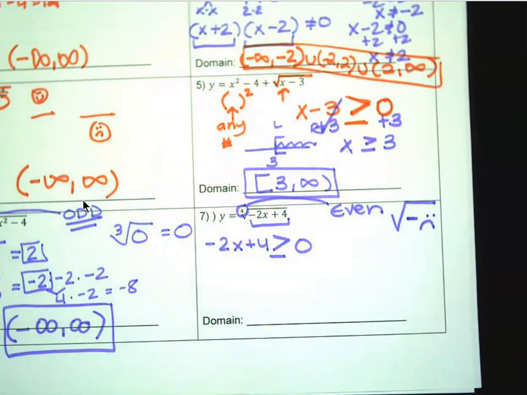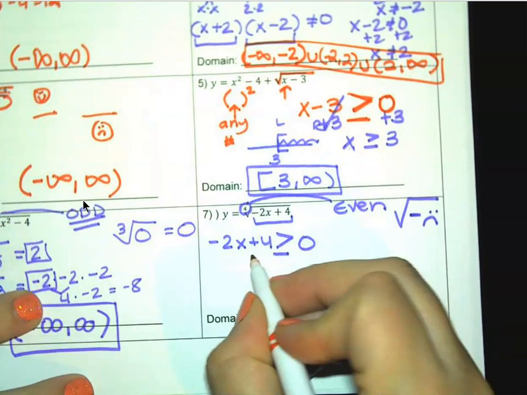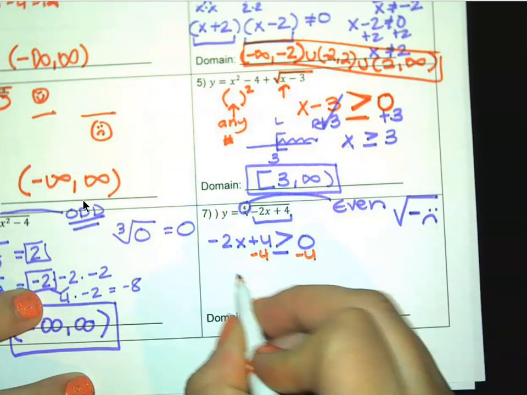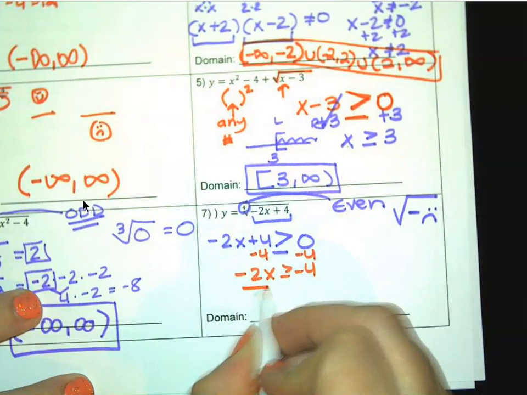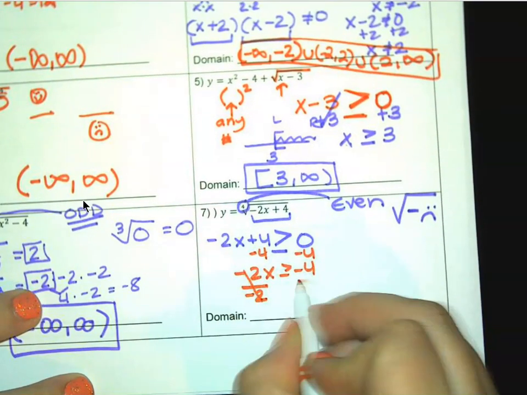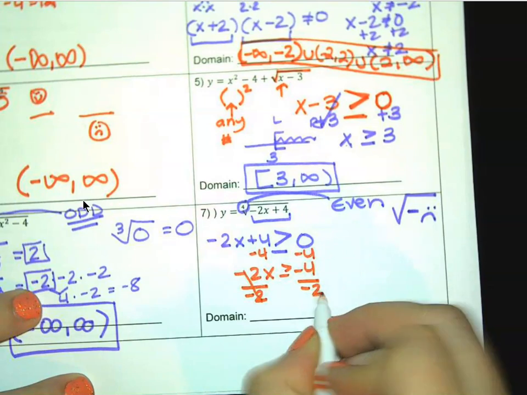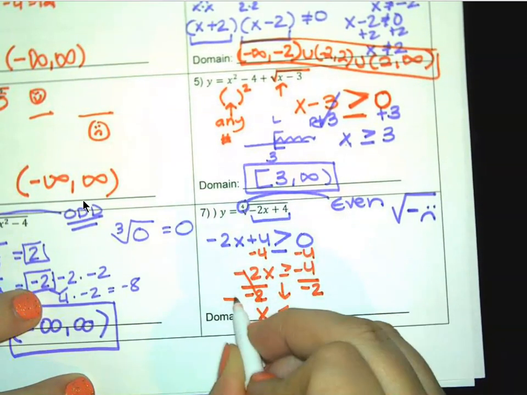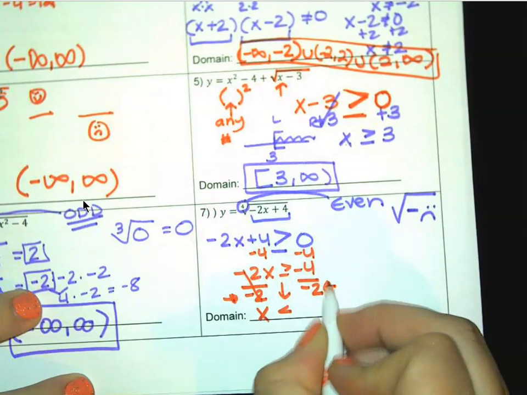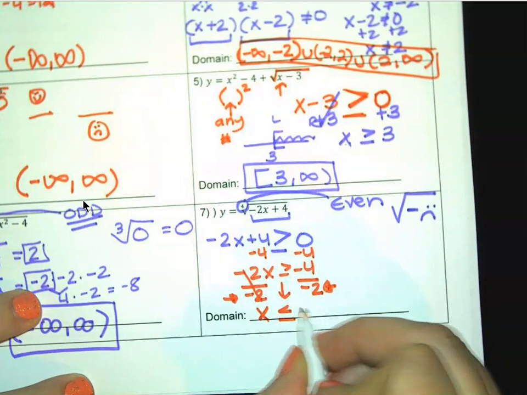So now we're going to solve this inequality. So subtract 4 from both sides. And then here we're dividing by a negative. So when we divide by a negative, remember that is when we switch the sign. So this step right here that we're doing to both sides is why we're switching the symbol.